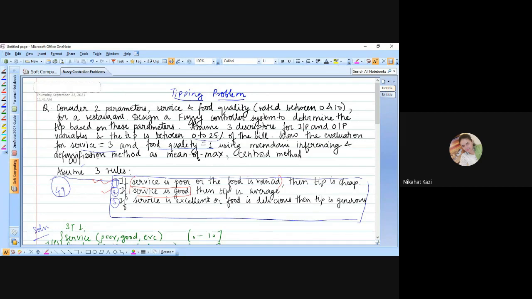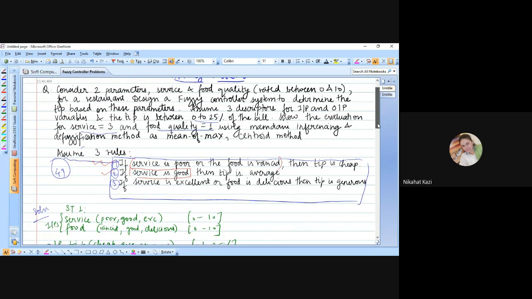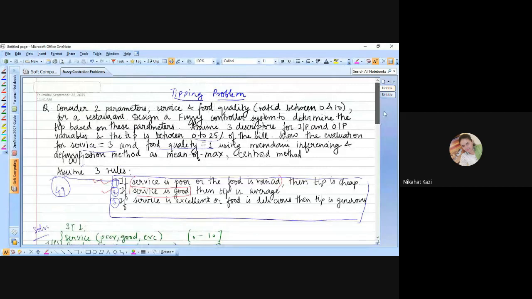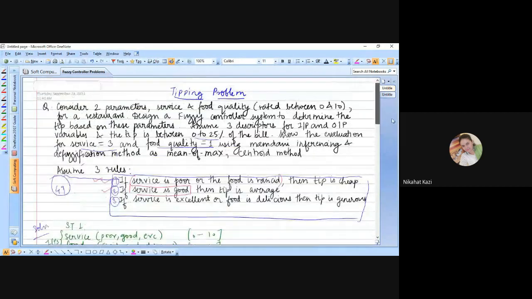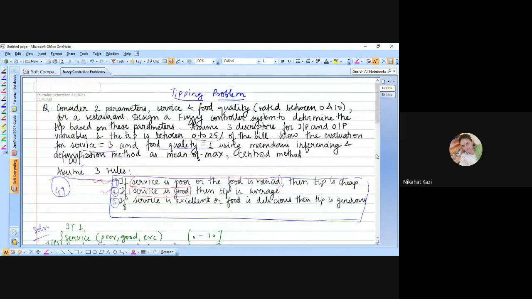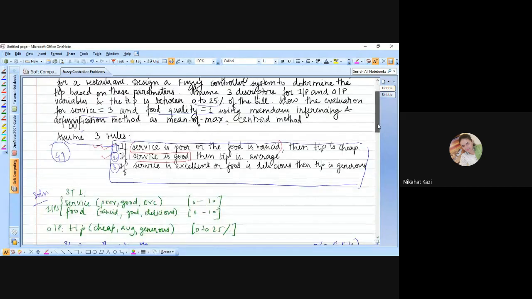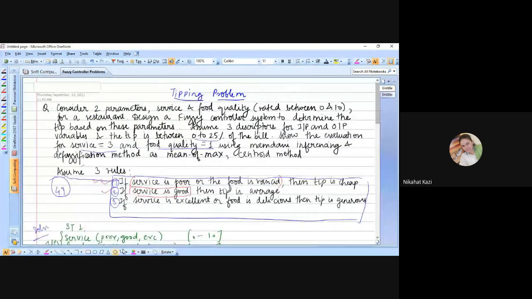Any such problem given to you, if the rules are stated explicitly and you are asked to compute using any defuzzification method other than mean of max, you should be able to do it. As practice, I will put up some problems so that you get some practice on those kinds of problems. Okay, so that's all for today.